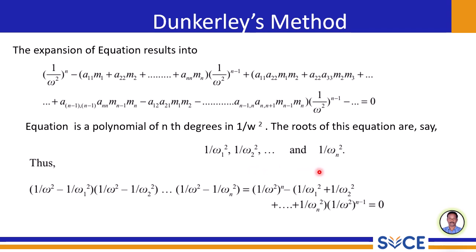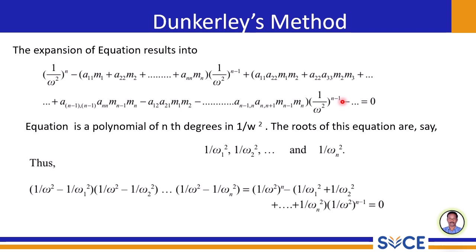A crucial property of this polynomial equation is the relationship between its coefficients and the roots. For a polynomial of the form which is given here, the coefficient of 1 by omega square to the power of n minus 1 will be equal to the negative of the sum of the roots.